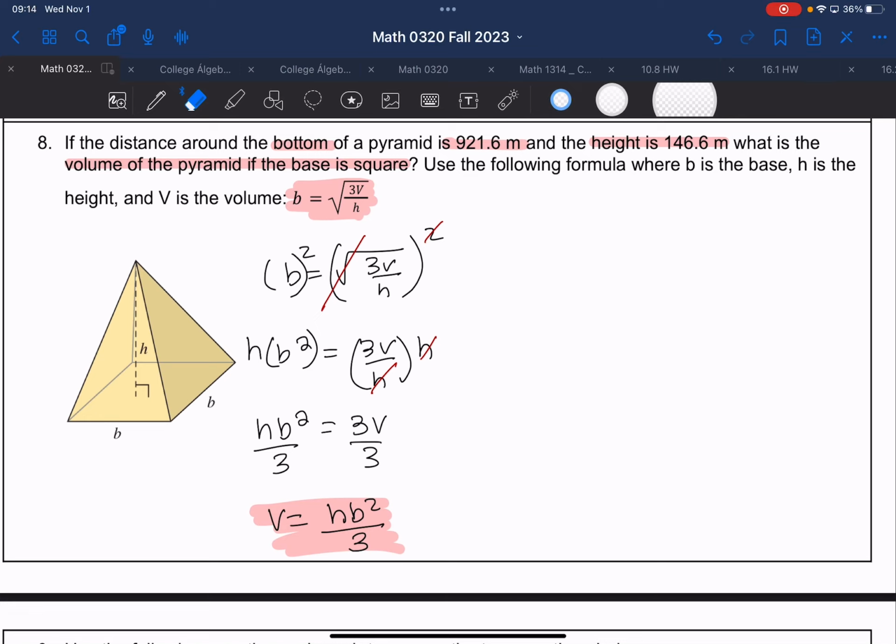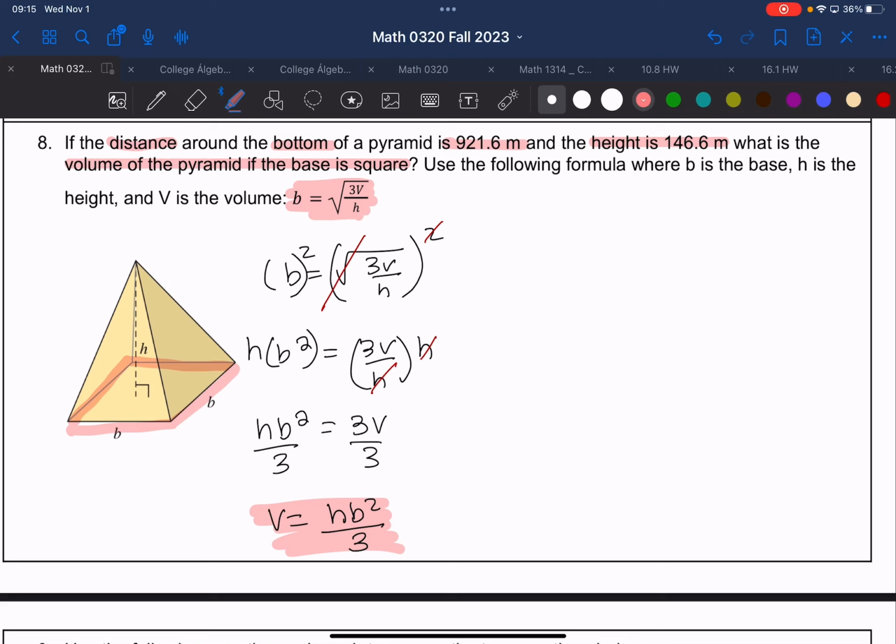So okay, that's a great point, and that's something that I did miss here, because it says the distance around the bottom is 921.6. So distance means it's the perimeter around this entire square. So that means we need to find just one side, and this gives us the total for all 4 sides.